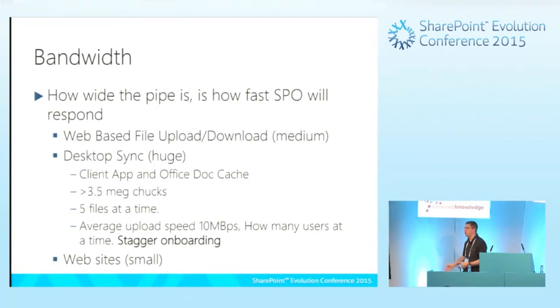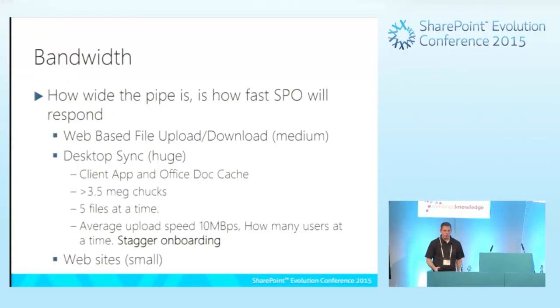It has nothing to do with SharePoint Online, it has everything to do with on-prem bandwidth, right? So if you have, I don't know what you guys have over here, something like ADSL or T1 for an entire organization of 10,000 people, SharePoint Online might not be the fastest thing in the world, but neither will pretty much anything that you're trying to get to on the internet anyway. So a lot of that will actually dictate speed.